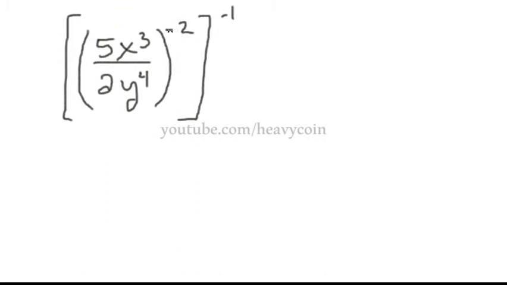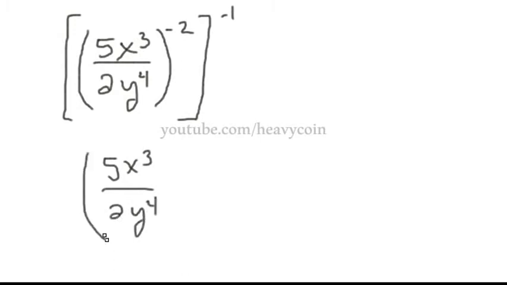Okay, so we can multiply exponents here. 5x to the third over 2y to the fourth, and that's exactly what we're going to do. Multiply exponents. Negative 2 times negative 1 is just 2.